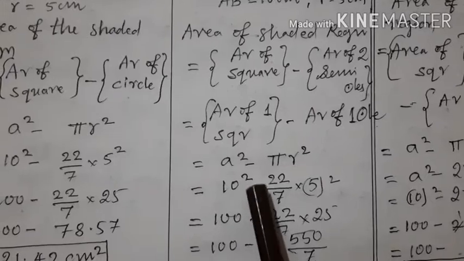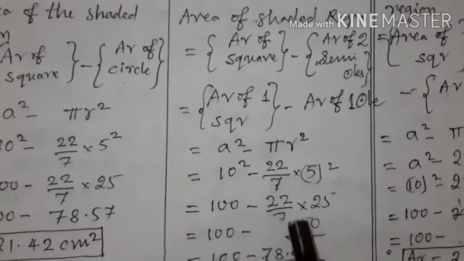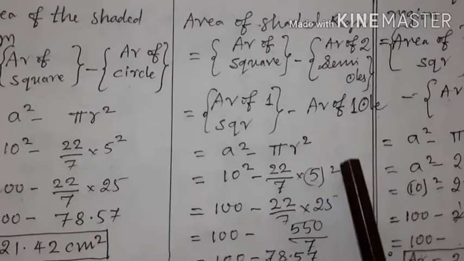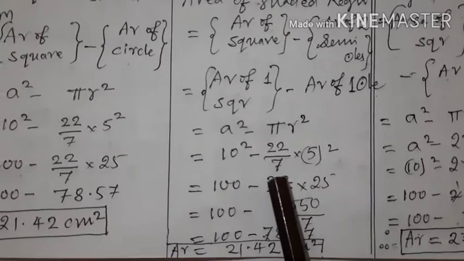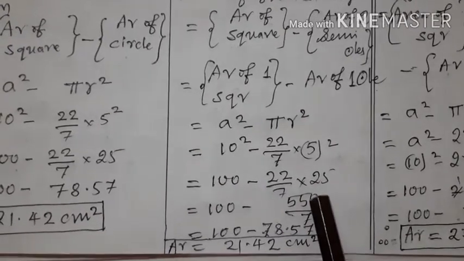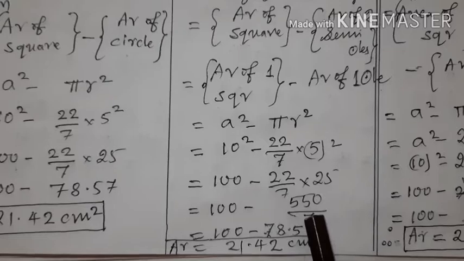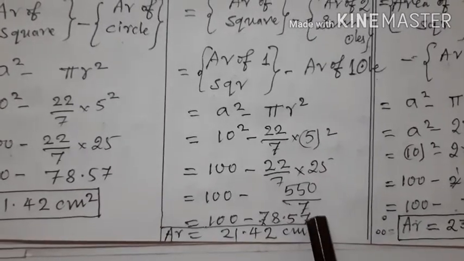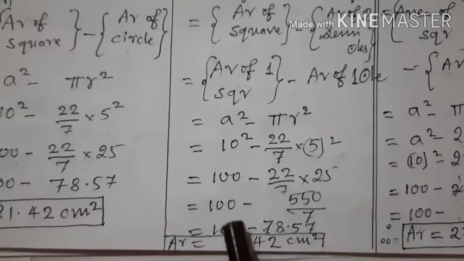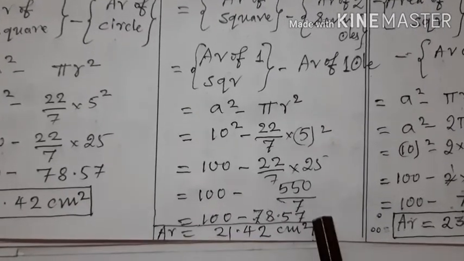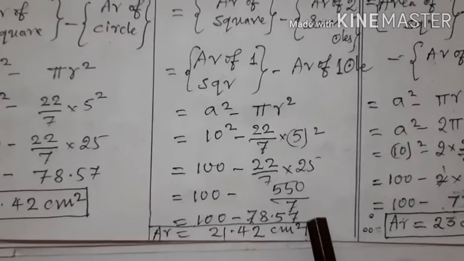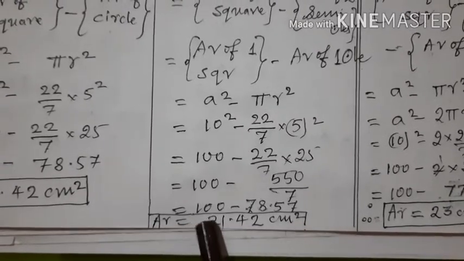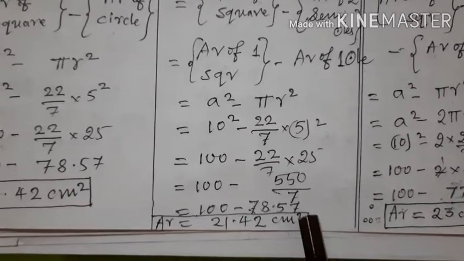Therefore 10 square is 100 minus 22 by 7 into 5 square is 25. 22 into 25 becomes 550. 550 upon 7 is 78.57 centimeter square. Therefore 100 minus 78.57 becomes 21.42 centimeter square.